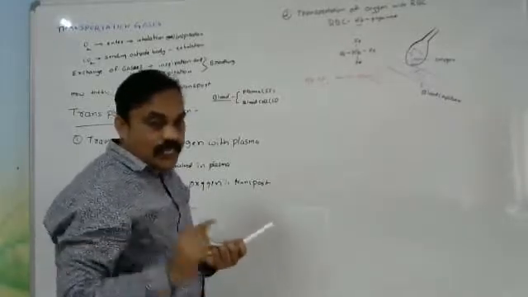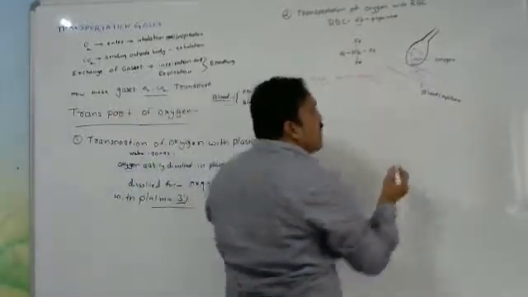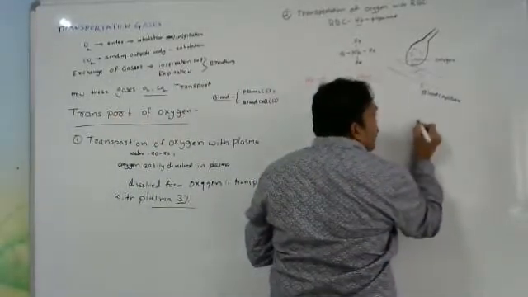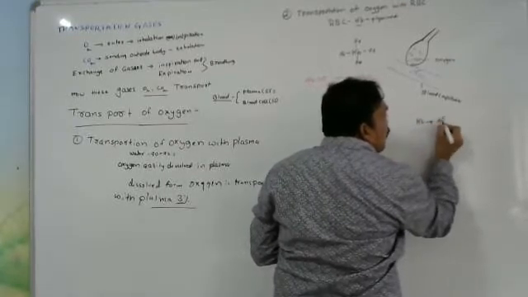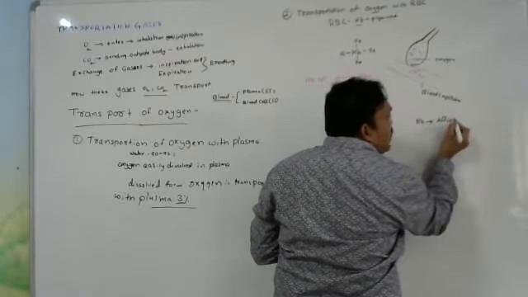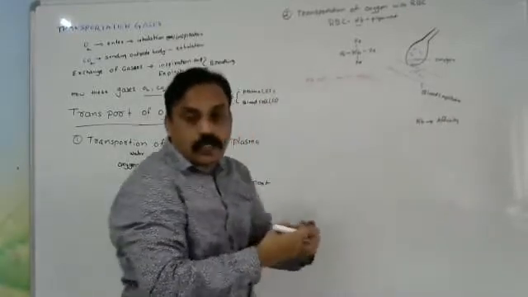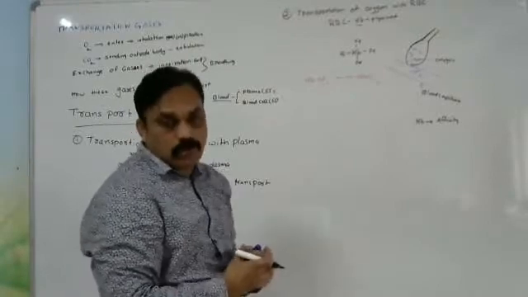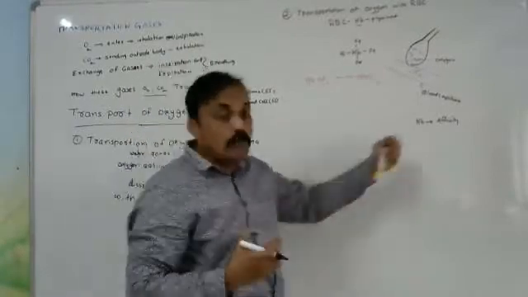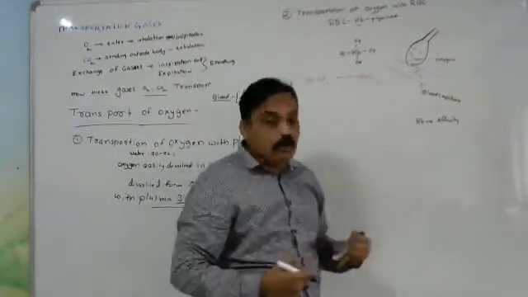Affinity rate. Yesterday I already told you the word affinity. Affinity is based on the concentration. So affinity means what? Combining, attaching, or binding. Okay, bonding. Bonding of what? Hemoglobin.